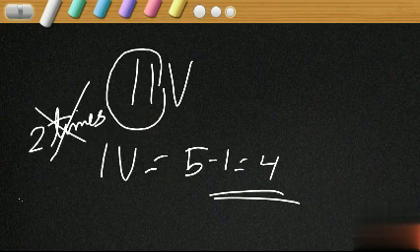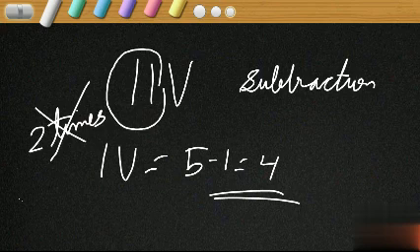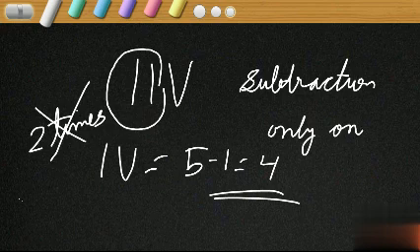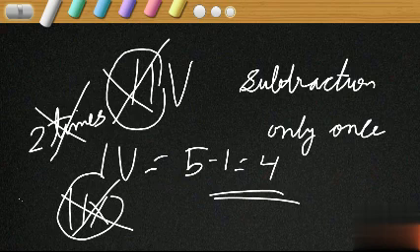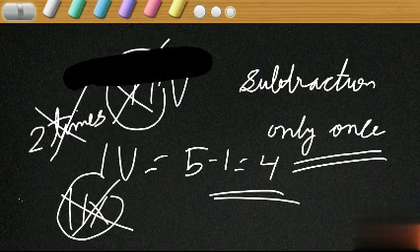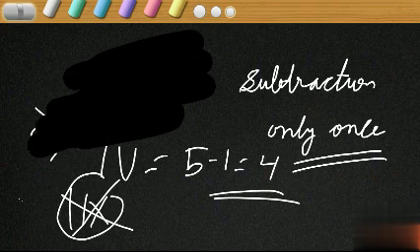Is it possible? No. That means this subtraction can be done only once. Similarly IIX also we can't write. We can subtract the smaller numeral from the greater one only once.